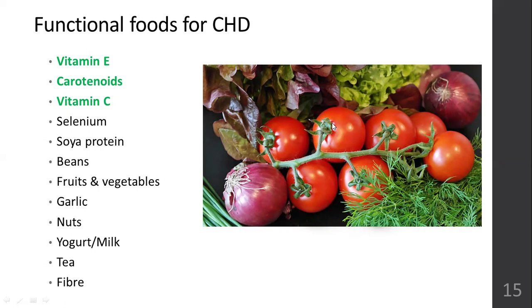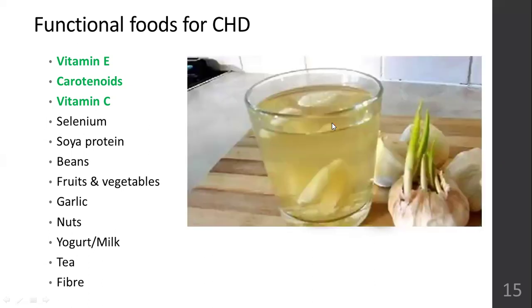Colorful vegetables are good sources of antioxidants. Soya chunks are also good.